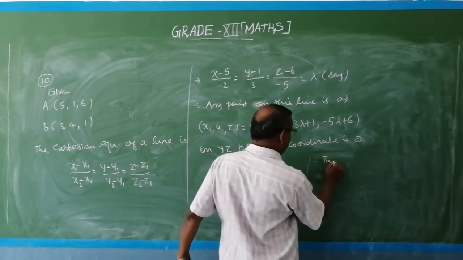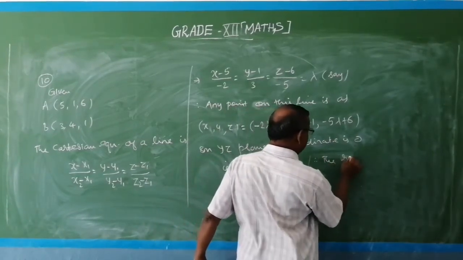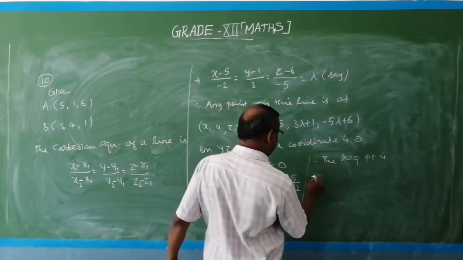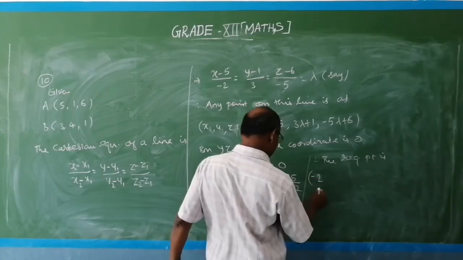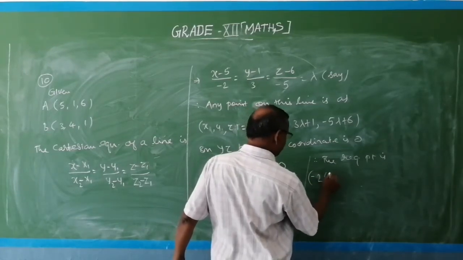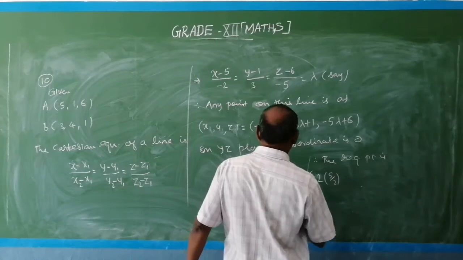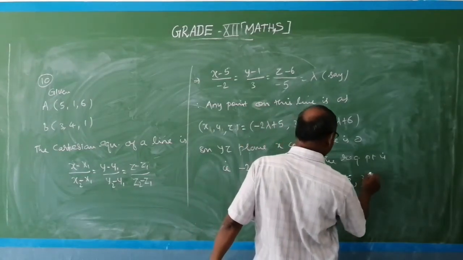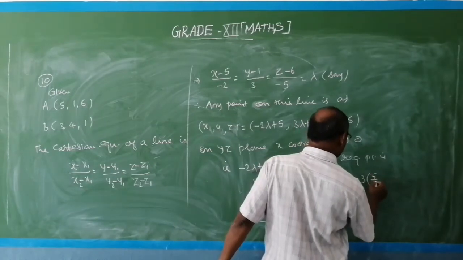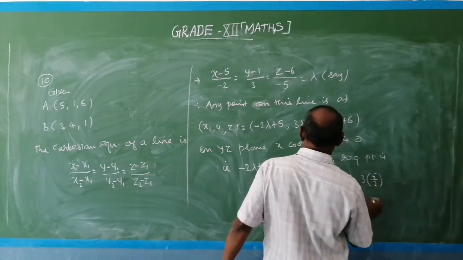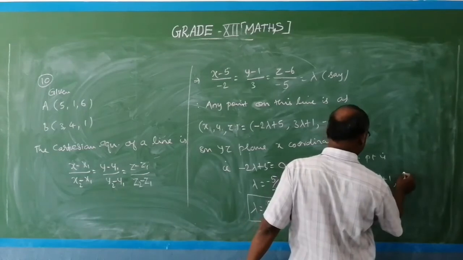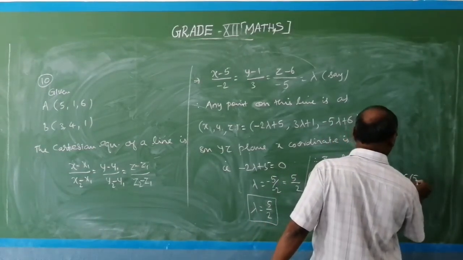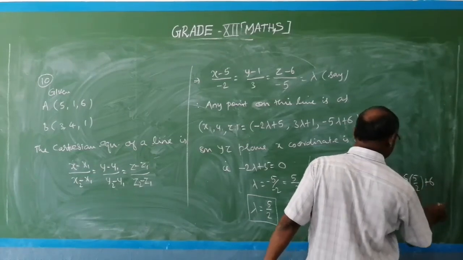Therefore, the required point is minus 2 into 5 by 2 plus 5, comma, 3 into 5 by 2 plus 1, comma, minus 5 into 5 by 2 plus 6.